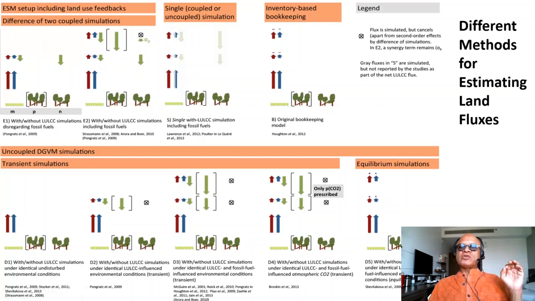We have already talked about the uncertainties in the carbon cycle, but this is the best we can do. Inventory-based bookkeeping tends to be bottom-up, so they look at the various boxes in which carbon stock exists, and then carbon gradients exist and carbon fluxes exist, right?